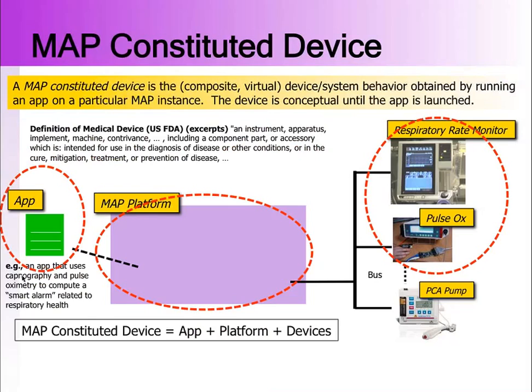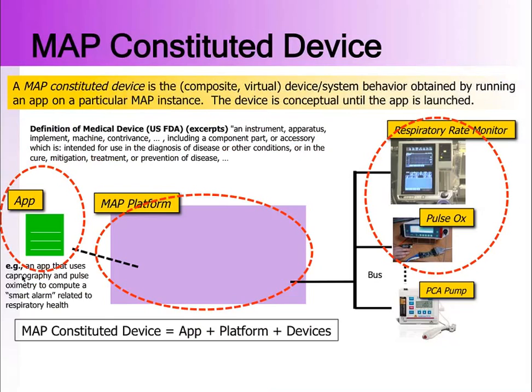On this slide is the way that we're thinking about it. The device that you're actually interested in regulating is what you get when you compose the app onto the platform with a particular selection of devices. Going back to Dave's question, what is the exact system that we're regulating?